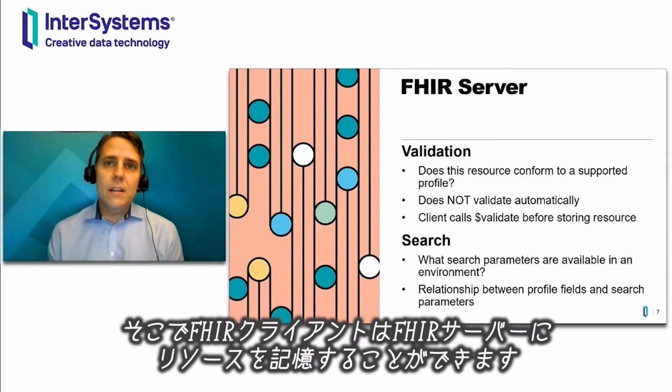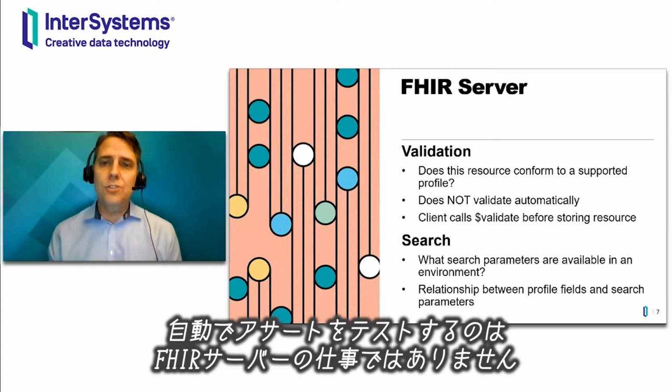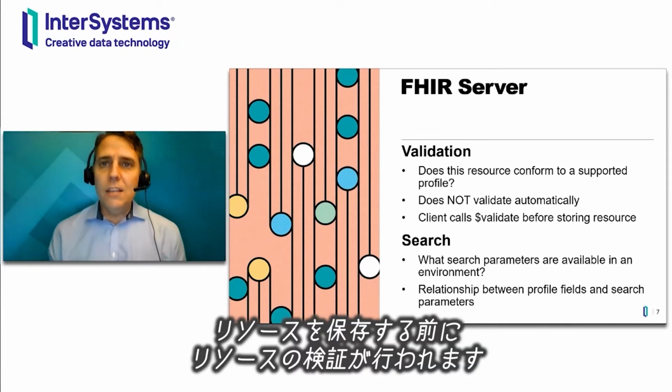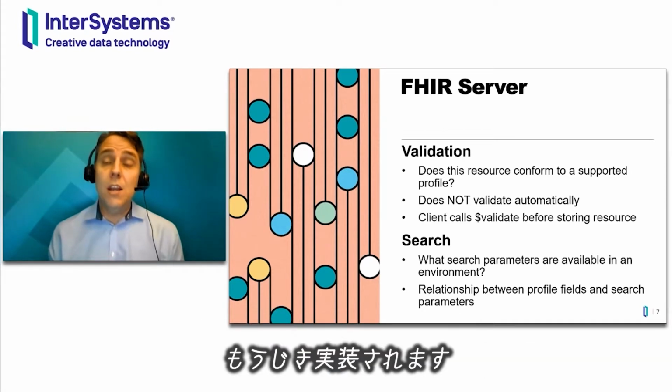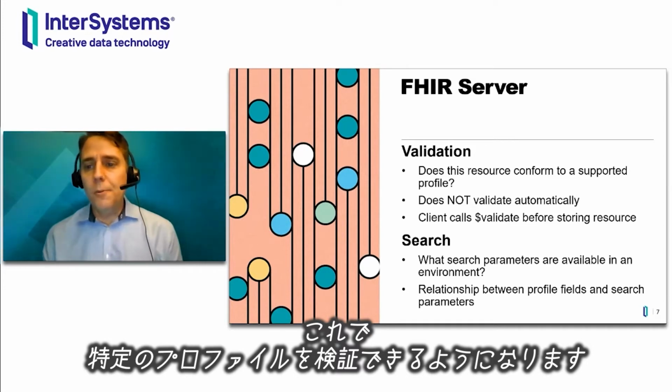So a FHIR client can store a resource in the FHIR server asserting that it conforms to a profile, but it's not the FHIR server's job to test that assertion automatically. Rather, if the client's being a good citizen, it's going to call $validate to validate the resource before storing the resource. And right now, currently in IRIS for Health, we support validation against the base specification, and coming soon, you'll be able to validate against a specific profile.